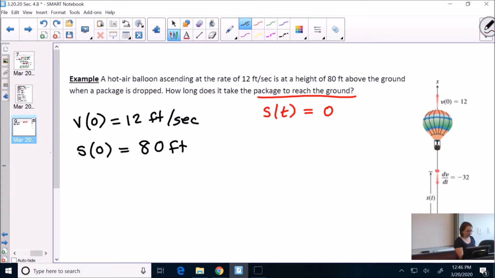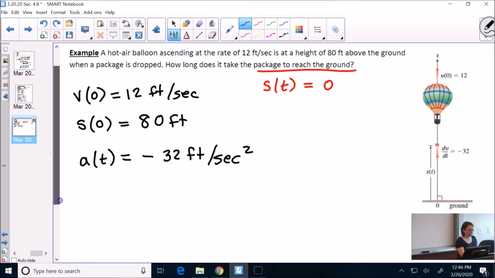When you have a free fall, what we do know about this package is that, assuming all is simplified, the basic acceleration is simply the gravity. So the acceleration anytime throughout this object falling is going to be negative because gravity is pulling it down to Earth. In feet, this would be 32 feet per second squared. So this is at any time t, which means this is a function of t.